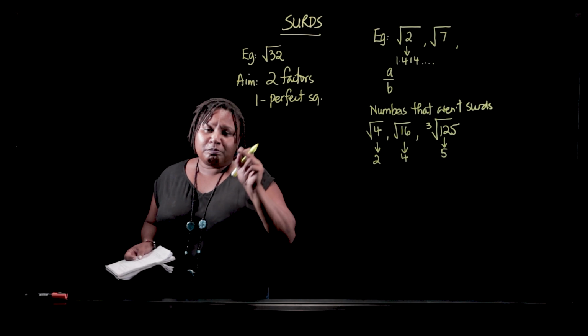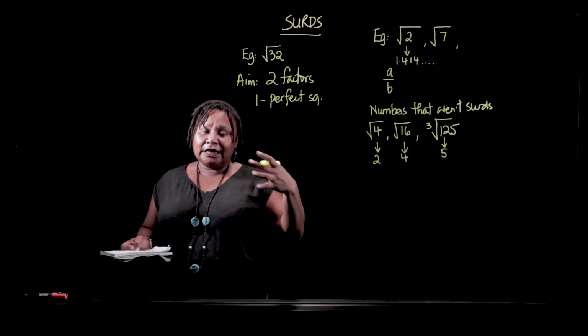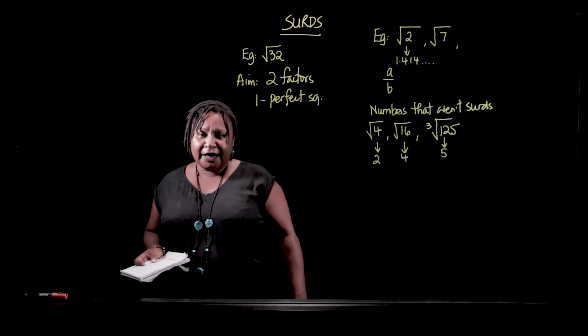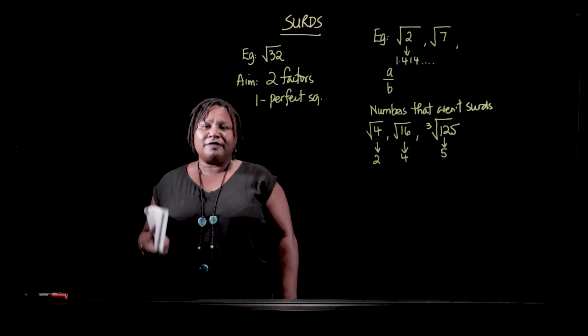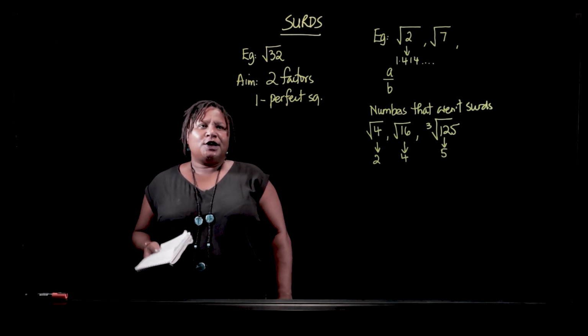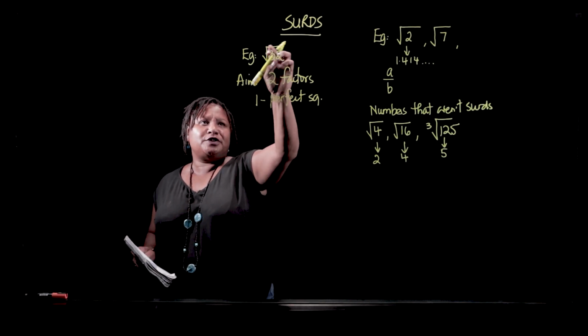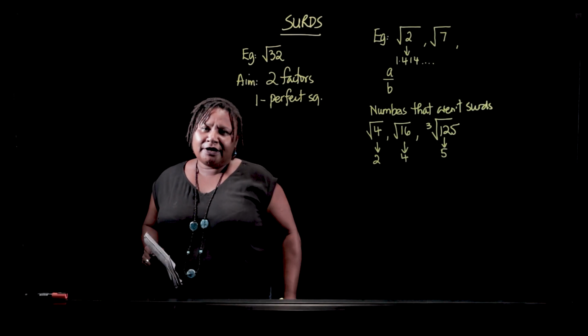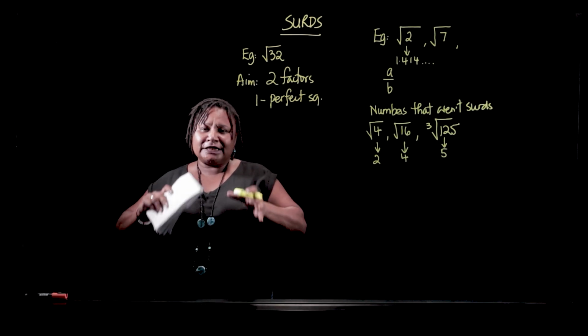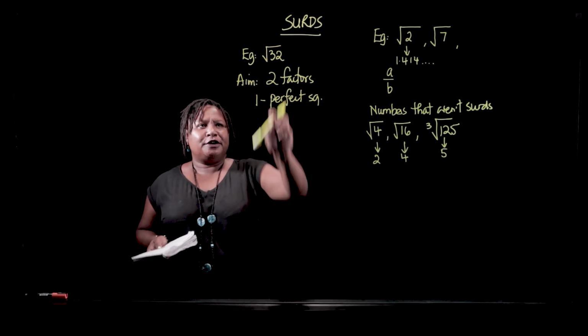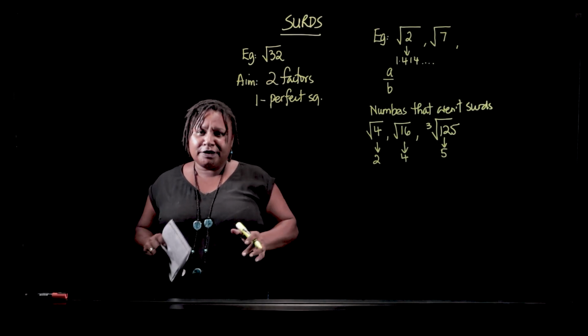Remember, that perfect square needs to be the highest possible number that you can find so that it makes simplifying easy. Okay? So what we do to simplify is we're trying to reduce the number in the radical sign to its simplest form. Okay? Reducing this number to its simplest form.